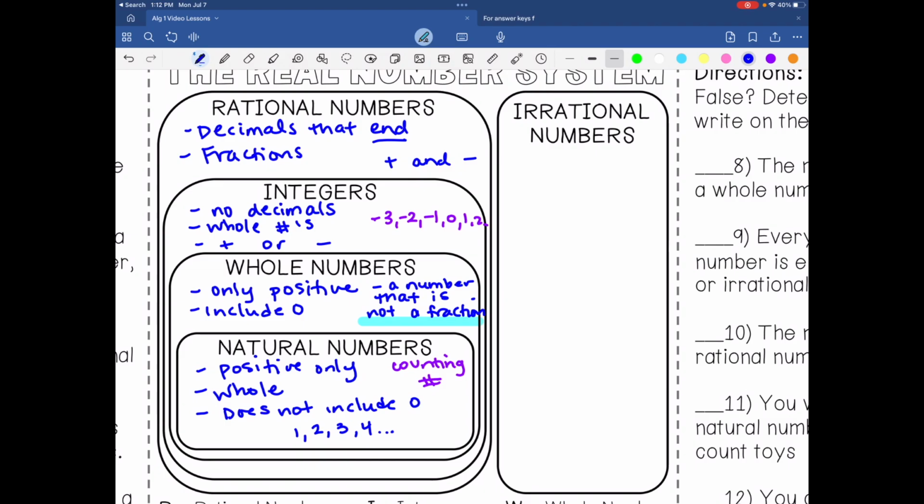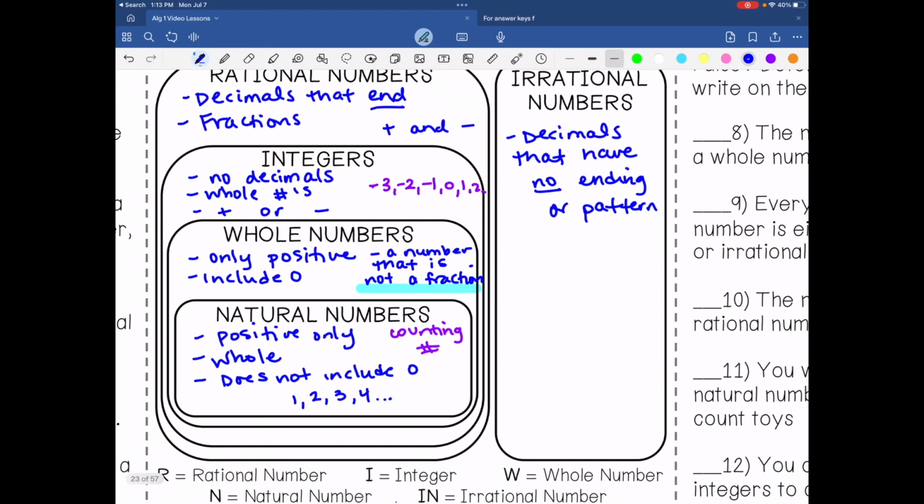Let's talk about irrational numbers. So as you can probably see, the irrational numbers are completely separate from this whole box, right? You see the little space between them right here. There's separation. Irrational numbers are numbers that are decimals that have no ending or pattern, okay?